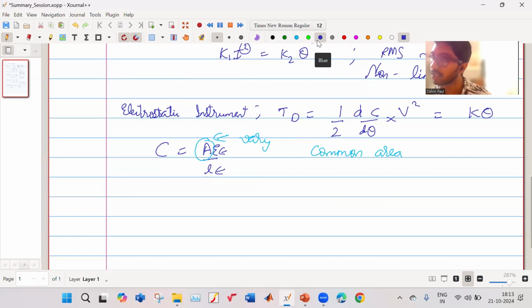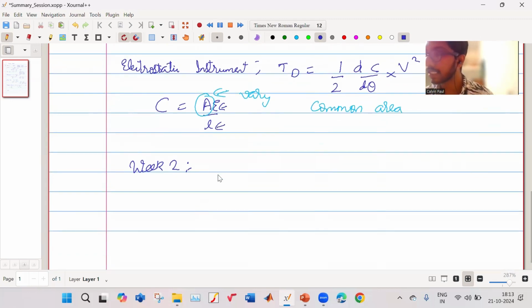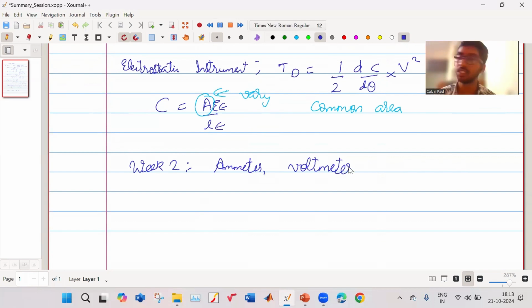Now I will proceed with week 2. Here, sir taught about ammeter, voltmeter, etc. One of the very important, favorite questions is: I have a PMMC instrument with a full scale deflection current of, let us say, 10 milliampere.